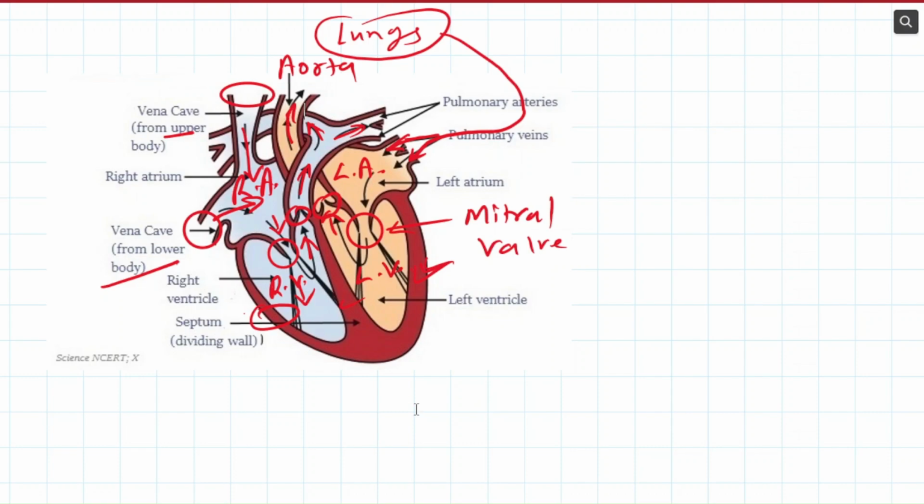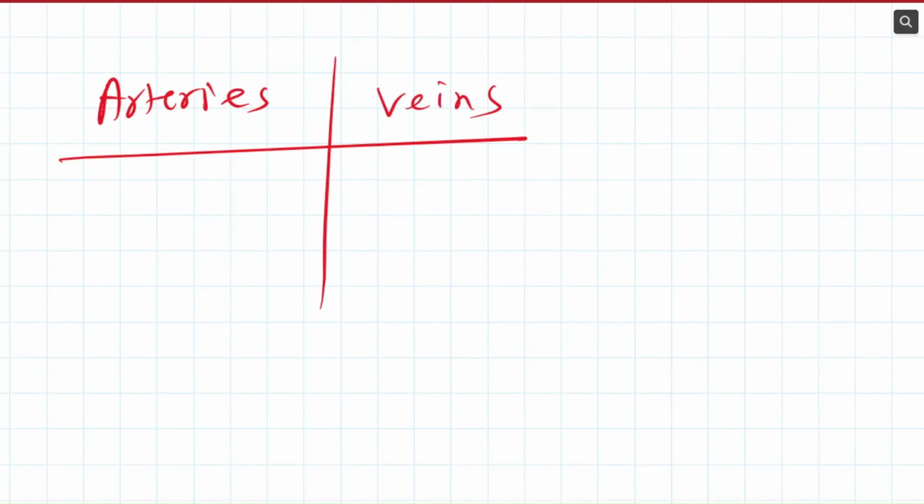Okay, children, this is about the heart. Now we will talk about blood vessels. This reference comes in exams. So arteries have a very thick wall compared to veins.